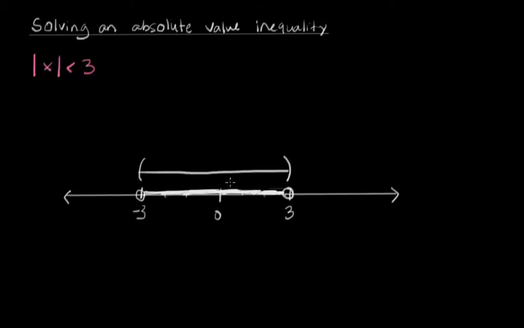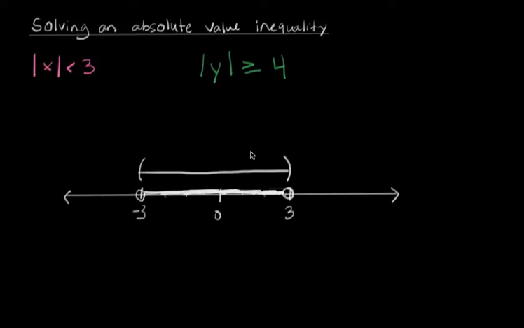Now, if you had an absolute value that had to be greater than some number, let's actually have the absolute value of y needs to be greater than or equal to 4. So this is going to be a little bit different.